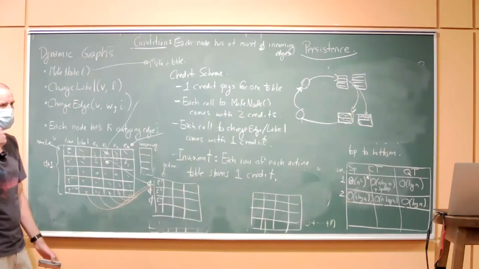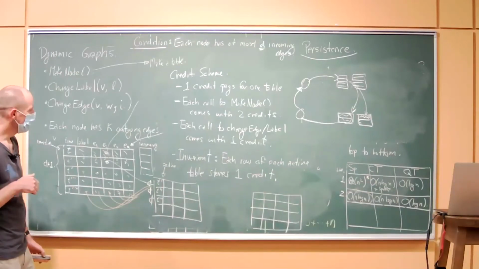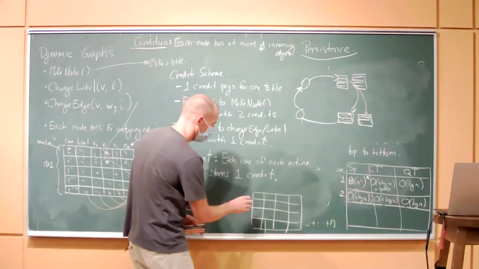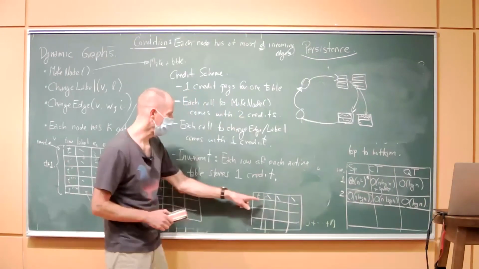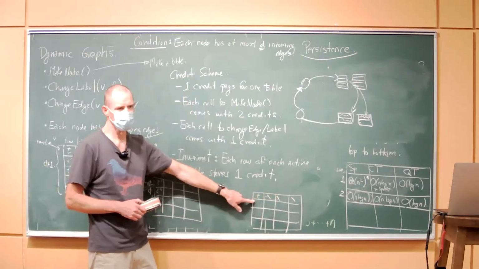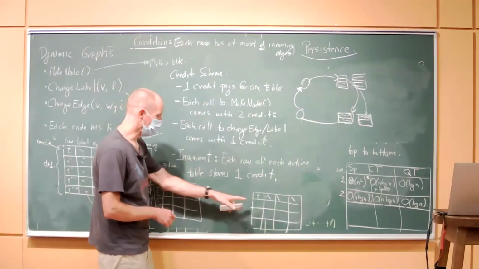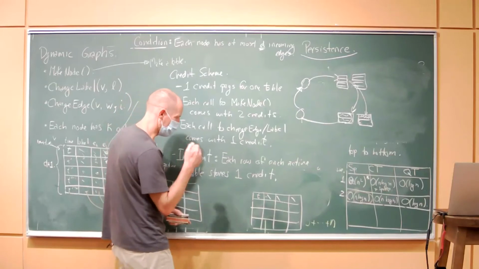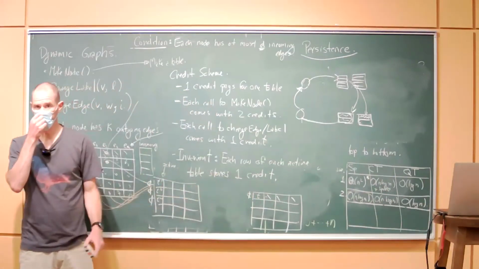So 1 credit goes to create that table, gone right away. That table has its first row filled in, right? Everything is null, but there's a timestamp there. That's the state of that node at that time. It's an active table, so that extra credit that we were given, we put it there to maintain the credit invariant.